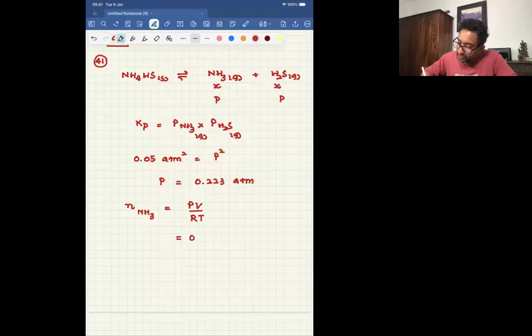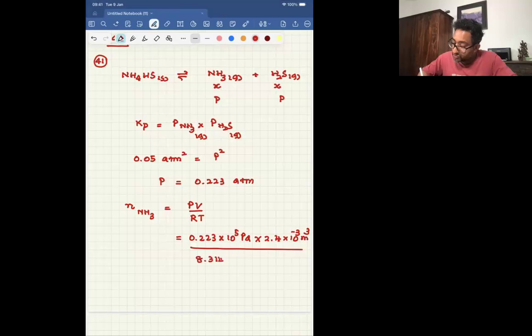Pressure is 0.223 times 10 to the power 5 pascals. Volume is 2.4 liters, 2.4 times 10 to the power minus 3 cubic meters. R is equal to 8.314 joules per mole per Kelvin. Temperature is 20 Celsius, which means 293 Kelvin.